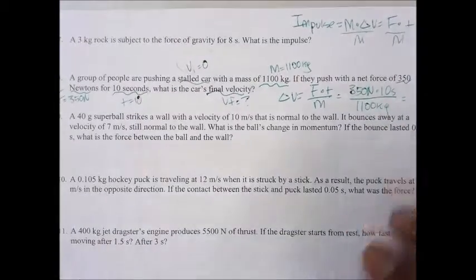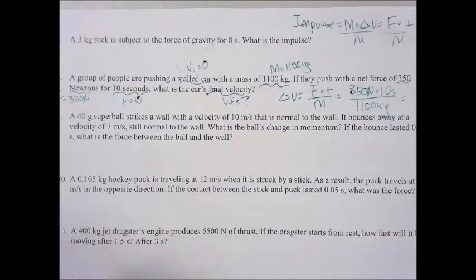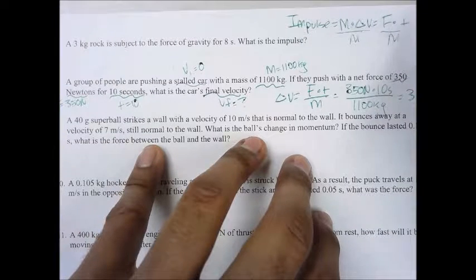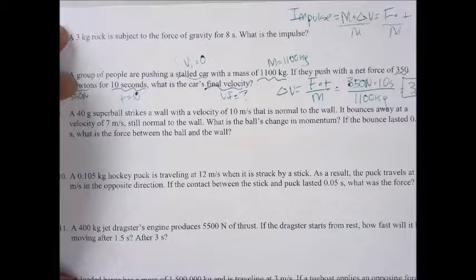We end up with 350 times 10 divided by 1,100, and we get 3.18 meters per second. Okay, cool. That looks like the correct answer for number 8.